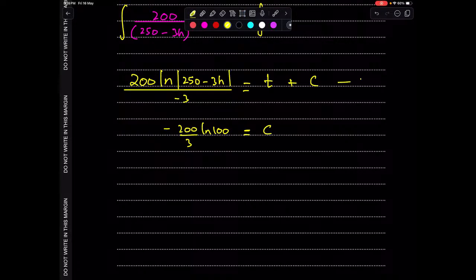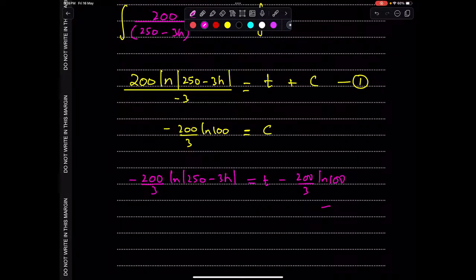Now substitute this information into equation 1. So we have minus 200 upon 3 ln 250 minus 3h equals t minus 200 upon 3 ln 100.